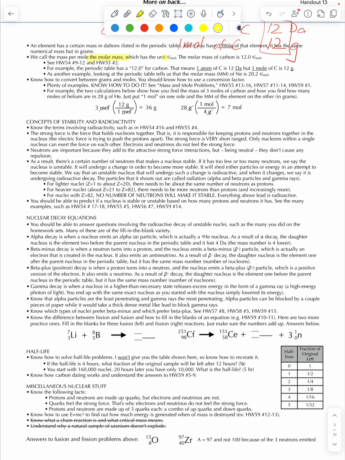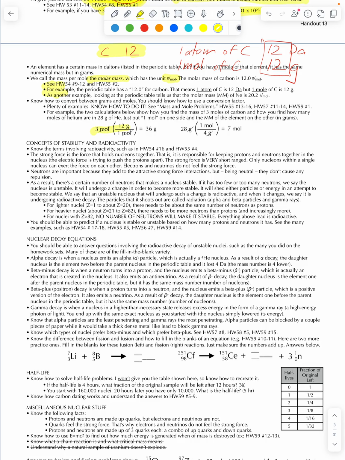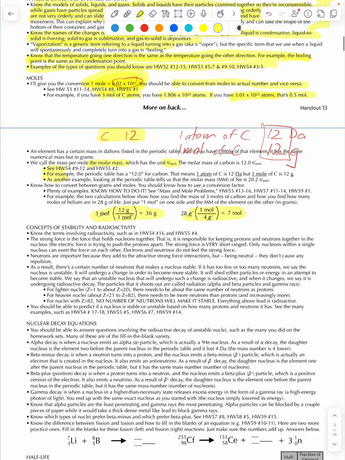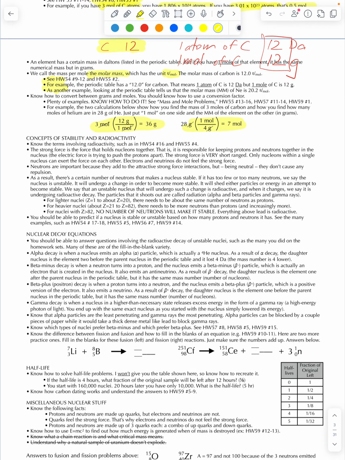And then here's another important skill, which you'll be doing constantly in 10th grade: converting between moles and mass. What I just did here was converting between moles and just the regular number that doesn't involve moles. But here's how we go from moles to mass. We'll do some practice problems below, but you use the molar mass as a conversion factor.